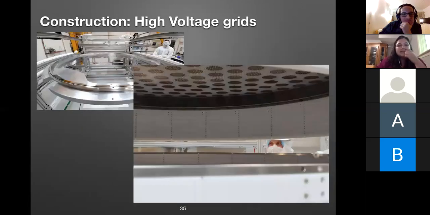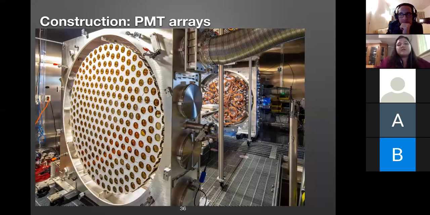But what happens inside? Well, we have these grids, and you can see those wires in front of those photomultiplier tubes at the top. We have our two arrays of photomultiplier tubes. The one for the top of our detector is the one you can see, and in the back, you see the back of the bottom ones. And in my group, we have 17 kilometers of cabling, because the cables have to come all the way out of our detector.